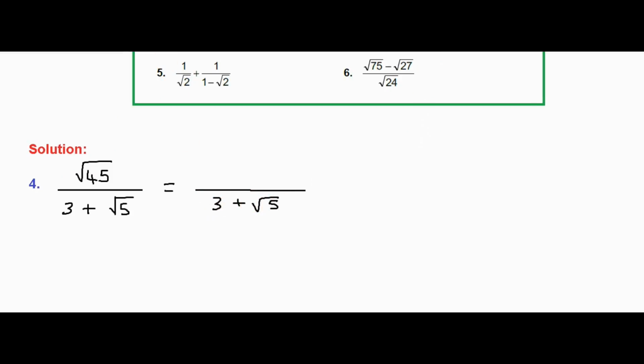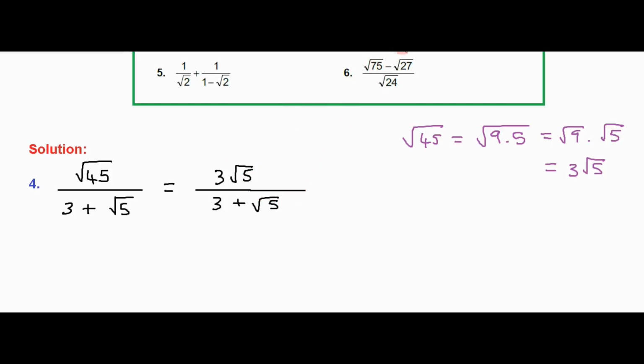The square root of 45 we can write as a square root of 9 times 5. 9 is the largest perfect square that goes into 45. And this can be written as a square root of 9 times the square root of 5, which is 3 times the square root of 5. So in the numerator we have 3 times the square root of 5.